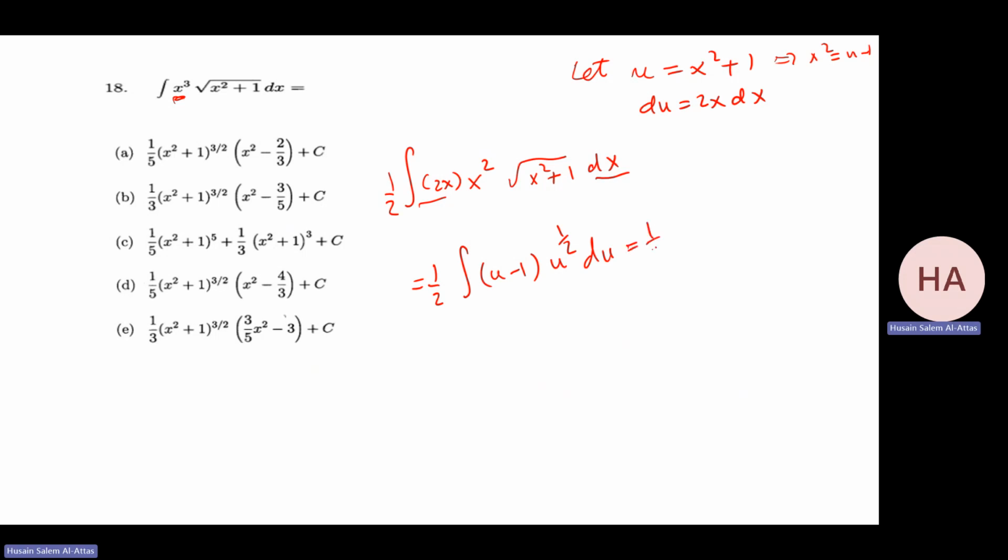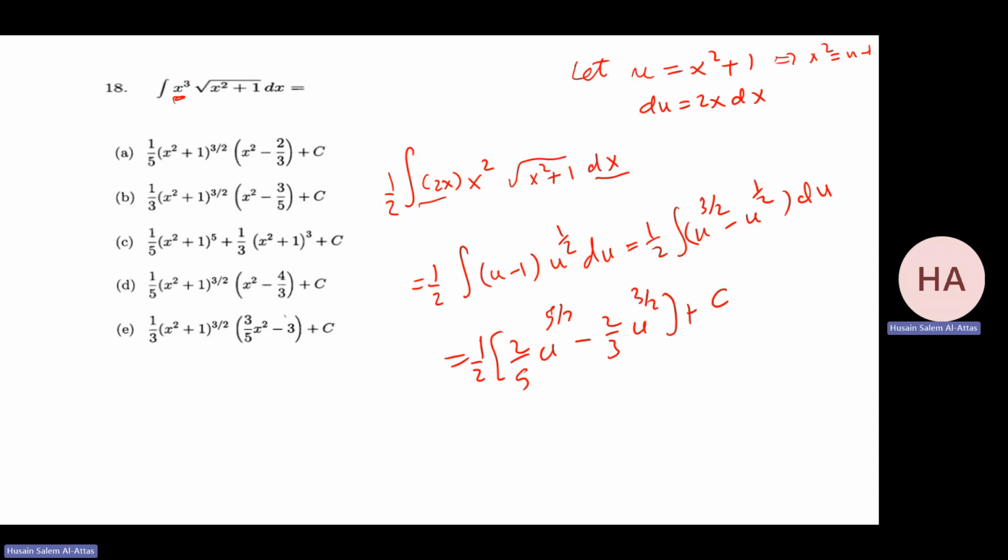That gives me what? Half u to the power 3 over 2 minus u to the power half, half times 2 over 5 u to the power 5 over 2 minus 2 over 3 u to the power 3 over 2. Don't forget plus c.